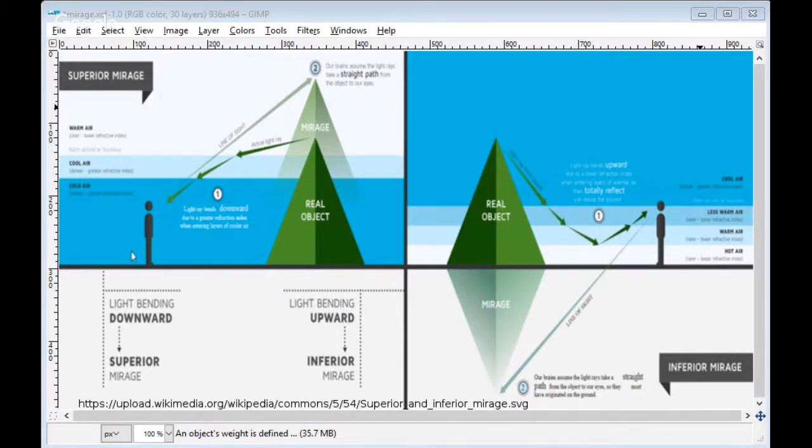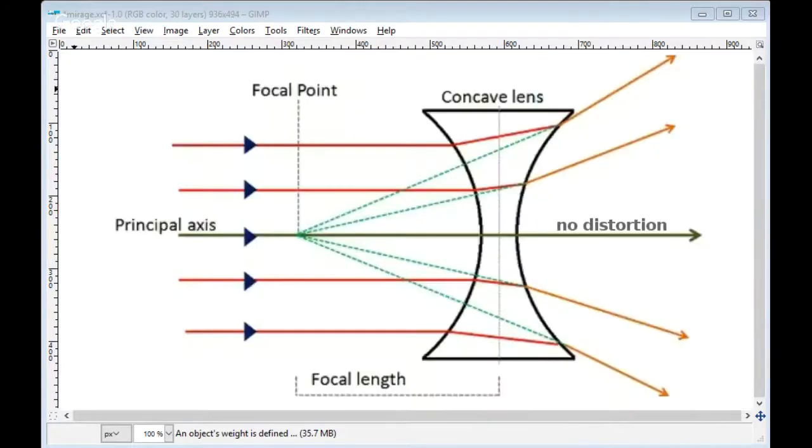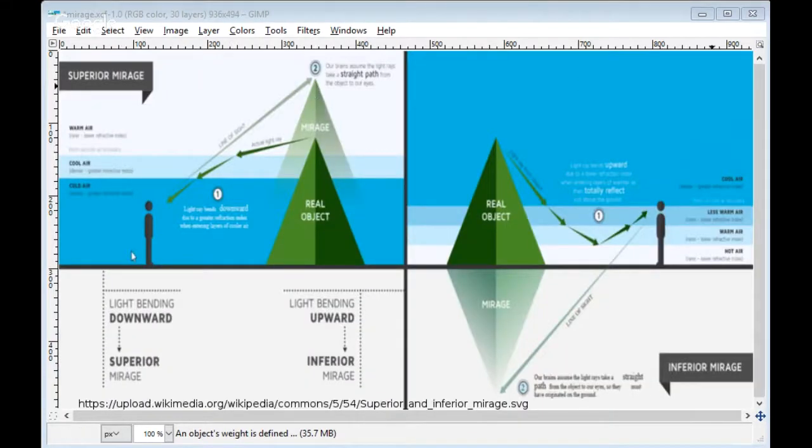We can at least say that a distant object behind the alleged mirage will not loom in sync with it, since the physics of light will bend at a much different angle. That is to say, going back to this lens again, you see that all the light is parallel coming into the lens, but it's going to wind up in very different places depending on where it hit. And so the problem with mirages at a great distance, especially if there's something behind them, like a distant mountain.